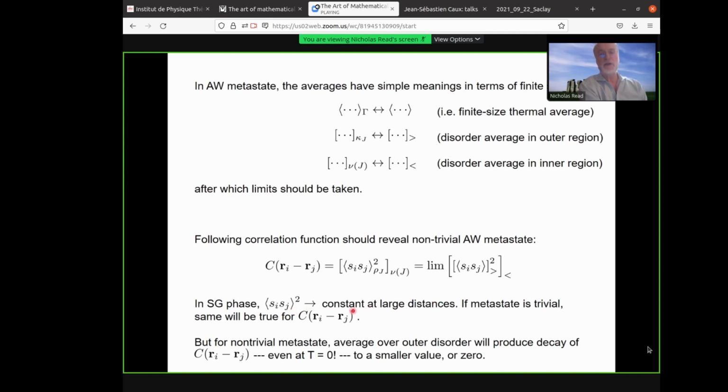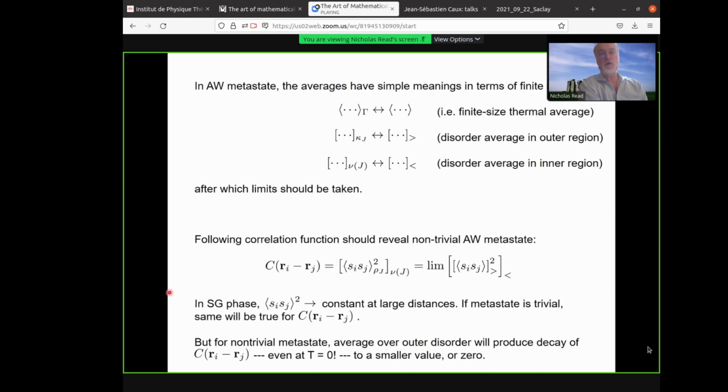So this thermal average squared should go to a constant at large distances. If the metastate is trivial, then this C is actually the same as that, so it goes to a non-zero constant in the low temperature phase. But for a non-trivial metastate, the average over the disorder in the outer region can make this correlation function decay, even at zero temperature.